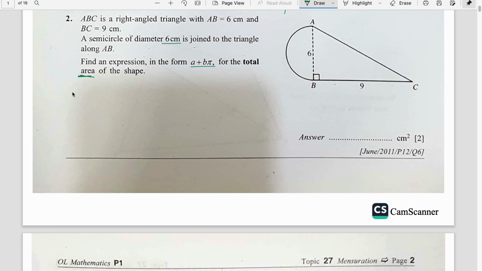So area of semicircle is pi r square by 2 and area of triangle is 1 by 2 into base into height. Now the radius is 3 and 1 by 2, base is 9, height is 6.